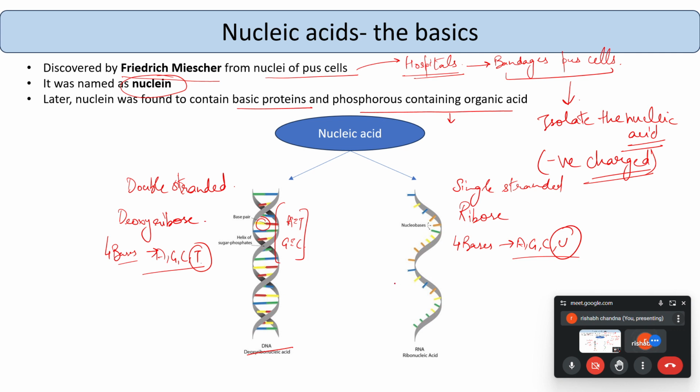And talking more about the different features of DNA and RNA, DNA is a stable structure and RNA is a bit unstable structure. How, we'll study in a couple of slides. DNA mostly behaves as the genetic material, so it stores the information.